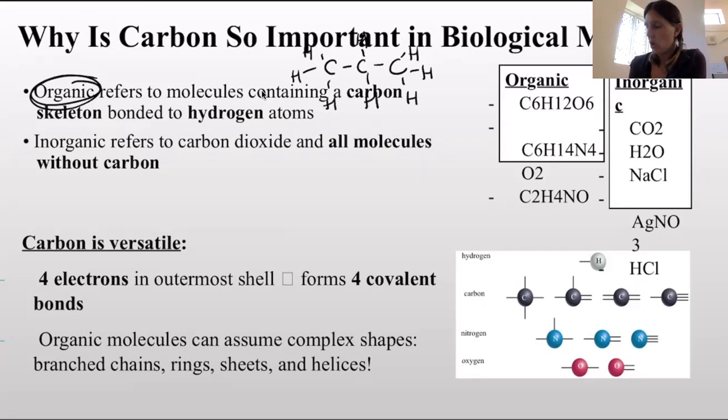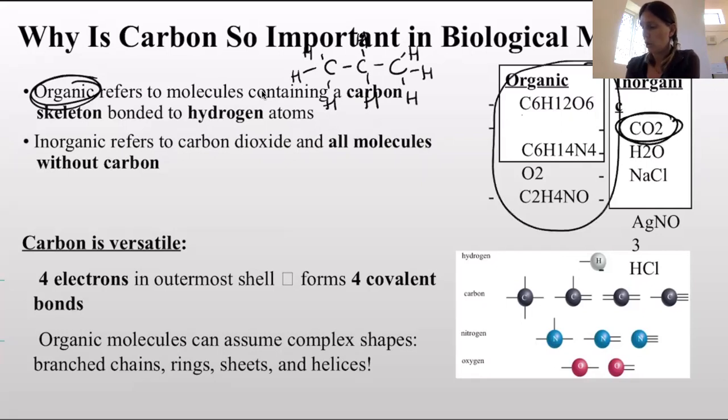Inorganic molecules are anything without carbon, and carbon dioxide. These are all organic, lots of carbons. Notice also lots of hydrogens bound to them. The inorganic molecule here is carbon dioxide because there's no hydrogen, and anything else without carbon. So carbon is really versatile, which makes it really important.